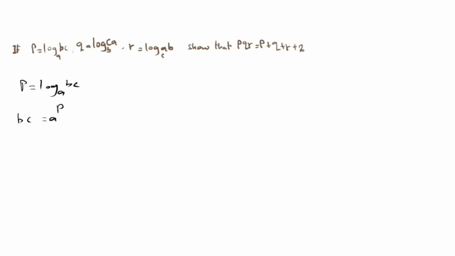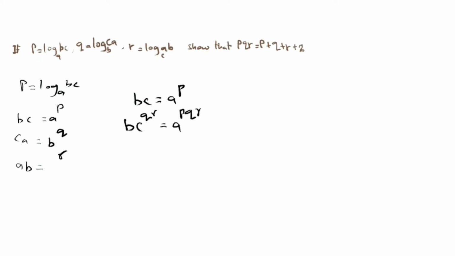Similarly we can write ca equals b to the power q, and ab equals c to the power r. We consider bc equals a to the power p, and then we raise both sides to the power qr. So when you raise to the power qr, you get a to the power pqr. Here I write it directly because I guess you know the indices form.